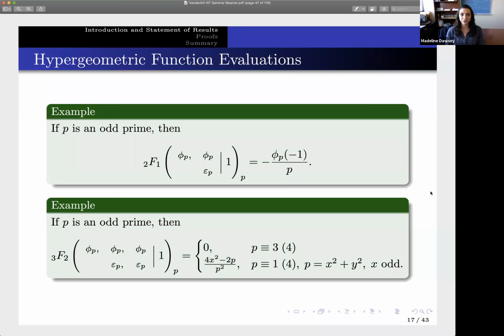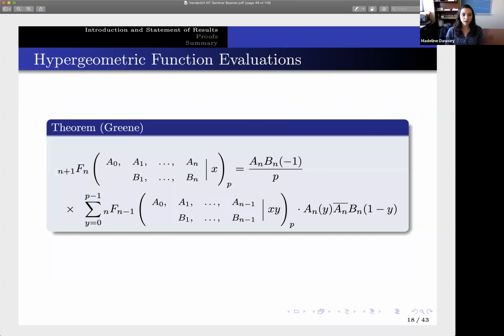We also know this other value for 3F2. We know if you take those same two characters, the one of order 2 and then the trivial one, and you plug in lambda equals 1, then depending on whether p is 1 or 3 mod 4, you either get 0 or this (4x squared minus 2p) over p squared. Okay, so sometimes it works out really nicely.